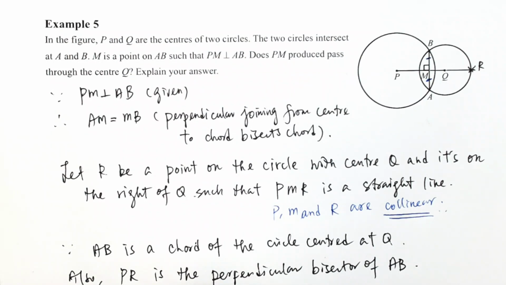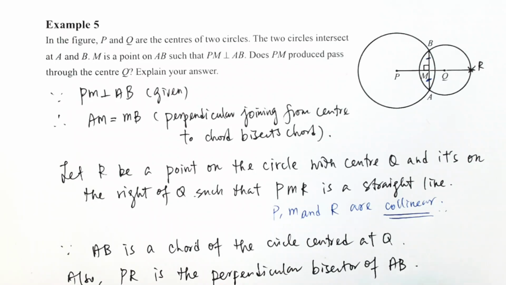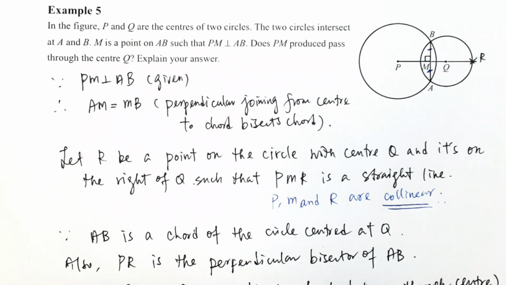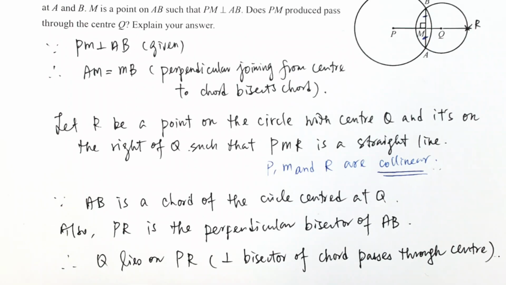Therefore, Q lies on PR. The reference is: the perpendicular bisector of chord passes through center. So this is example 5. I just want to use this reference, perpendicular bisector of chord passes through center.